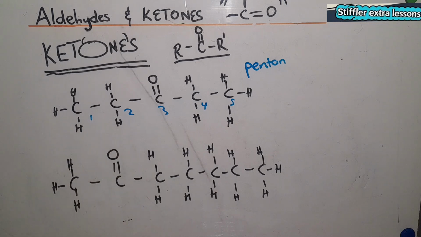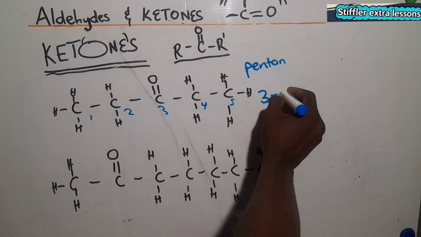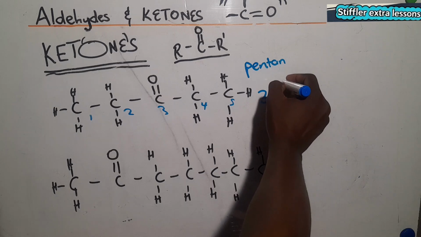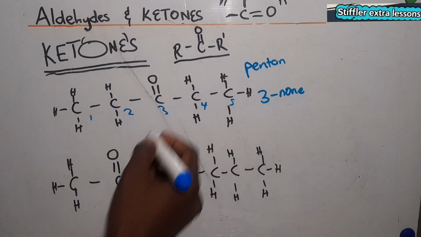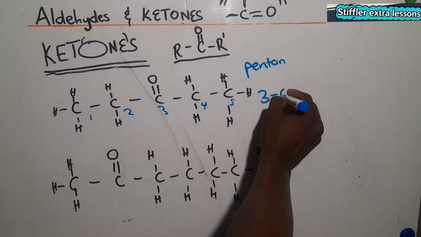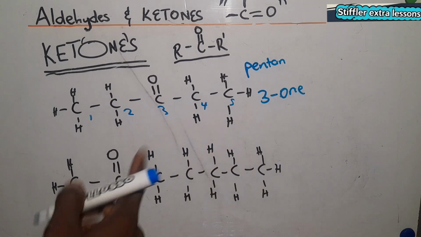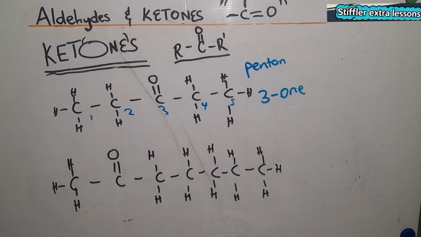It's still coming on carbon number 3. So on carbon number 3, that's when we are having a what? Like that, right? That's when we are having the one like that, the ketone. This one is representing the ketone, right?